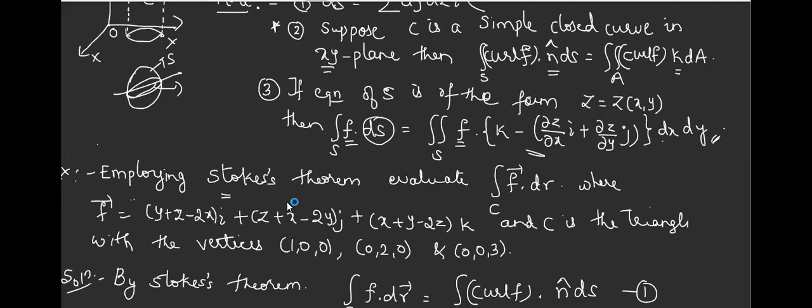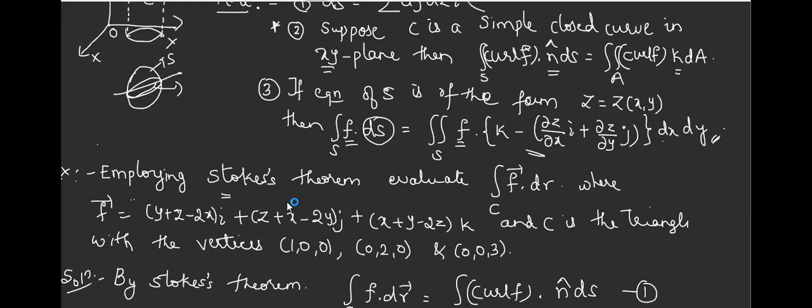Employing Stokes' theorem, evaluate the integral of F dot dr over C, where F is equal to (y plus z minus 2x) i plus (z plus x minus 2y) j plus (x plus y minus 2z) k. So what is C here?